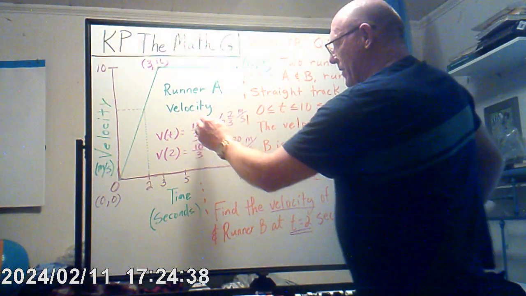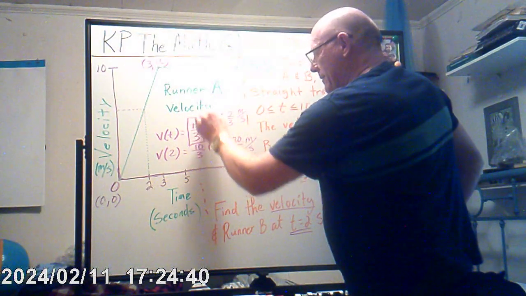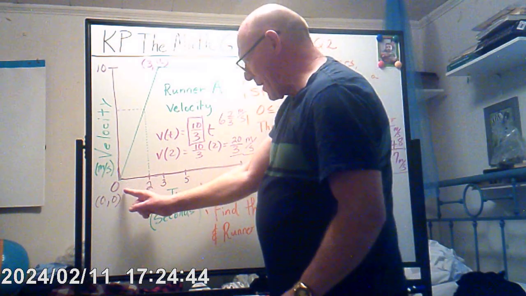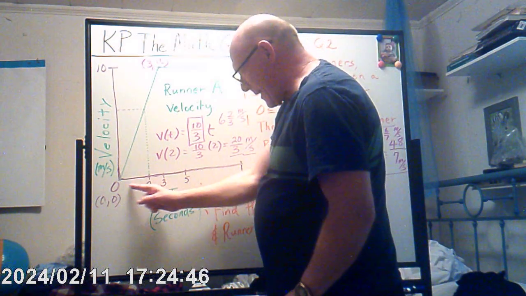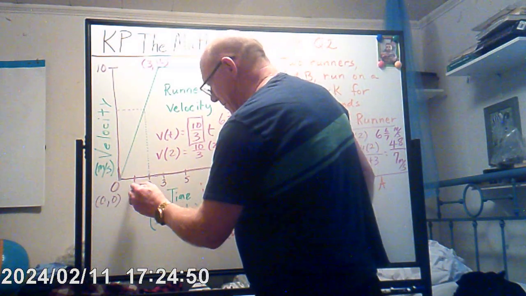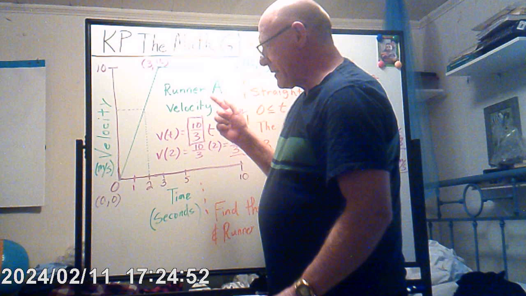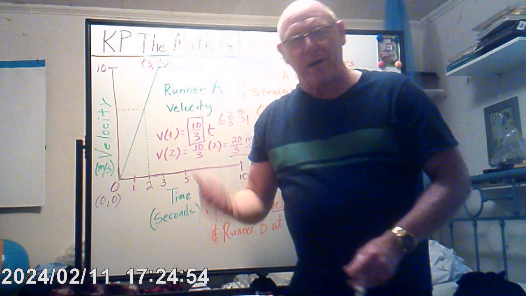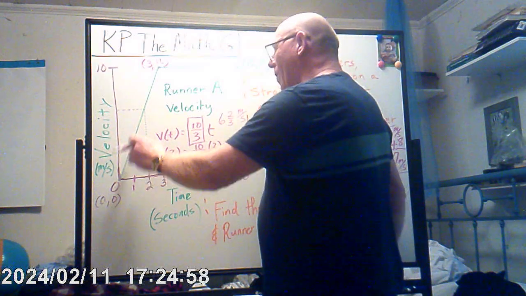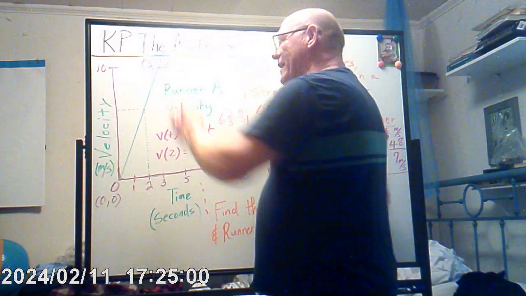What's the slope of this? 10/3, isn't it? As long as we stay less than 3, I could say 1. At t equals 1, the answer is still 10/3. The acceleration is 10/3 all the way up till time t equals 3.